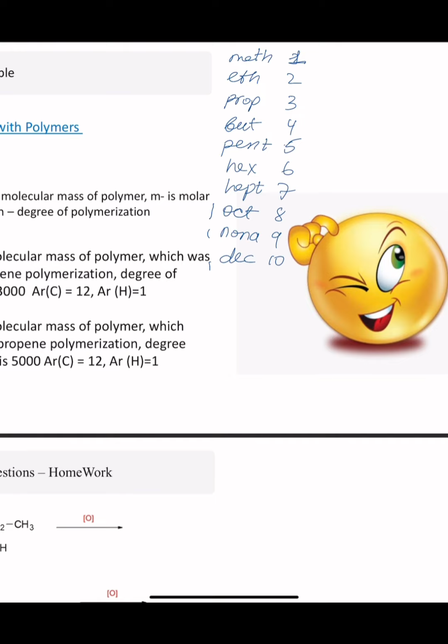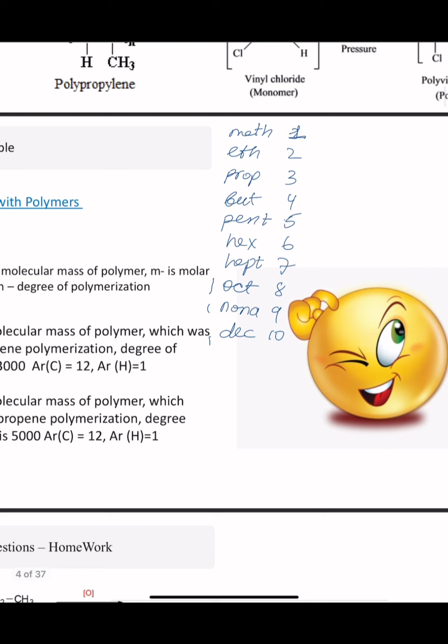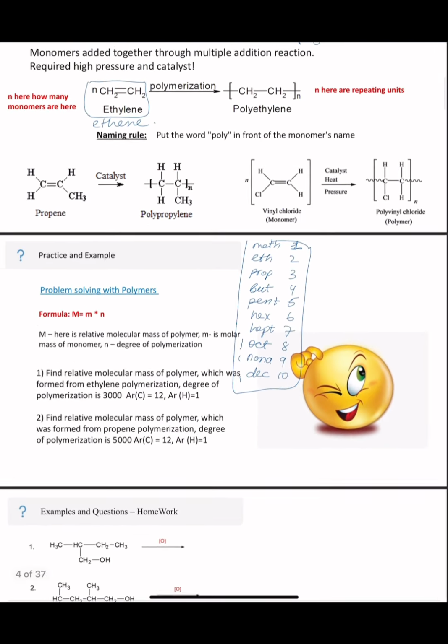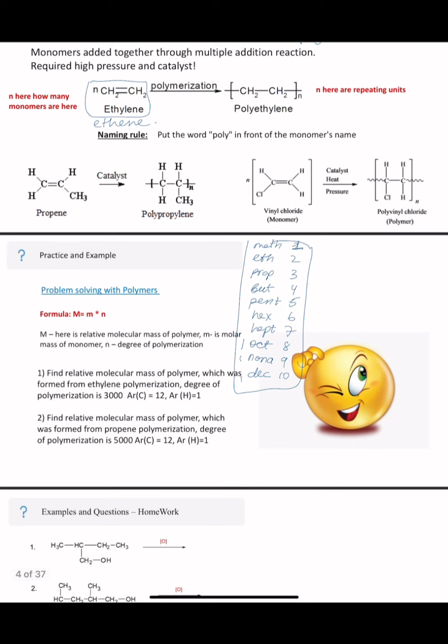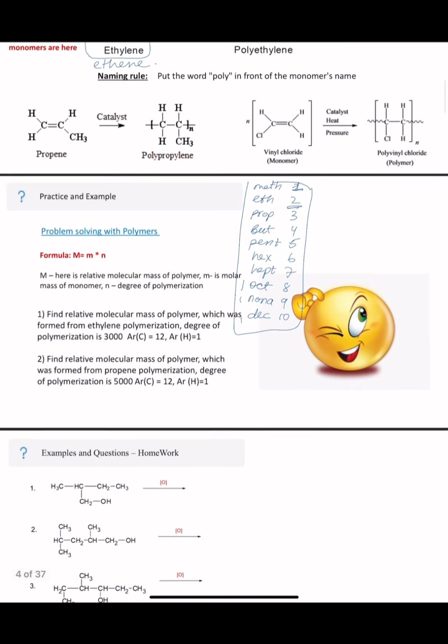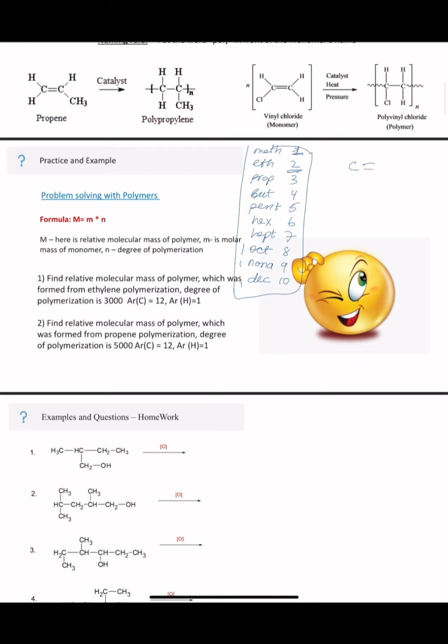October, November, December. Remember this because we have done it so many times, you need to know this already. Okay, ethane has 2 carbons, as you see. So ethene is an alkene, so I have 2 carbons and 4 hydrogens.